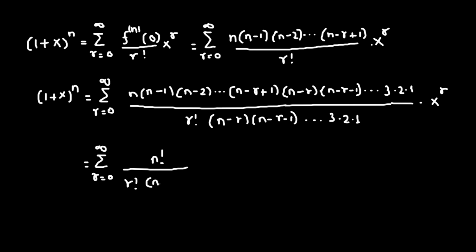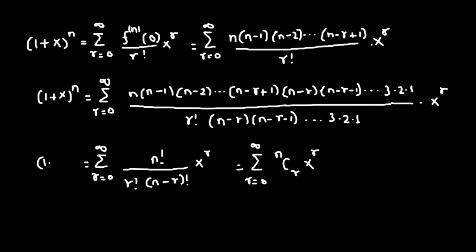So this can be combined and written as (n minus r) factorial times x raised to the power of r, which is simply equal to the summation, r goes from 0 to infinity. So this is the formula for nCr times x raised to the power of r.